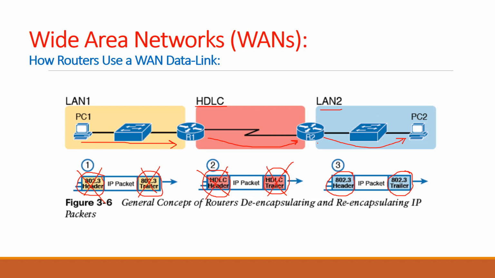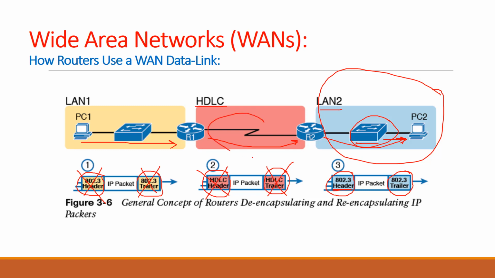Why do routers do this process? Because let's assume on this side the switch received an Ethernet frame. Based on the contents of this Ethernet header, the switch can make a decision and forward the packet successfully to PC2.